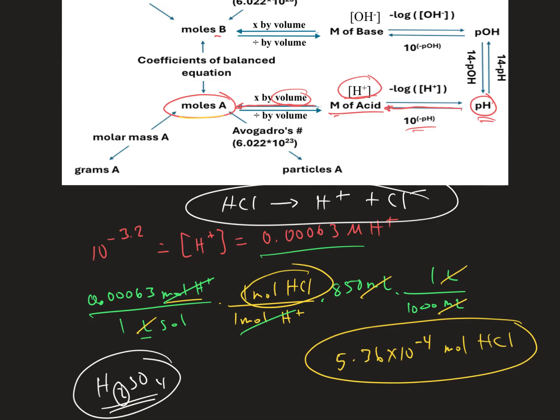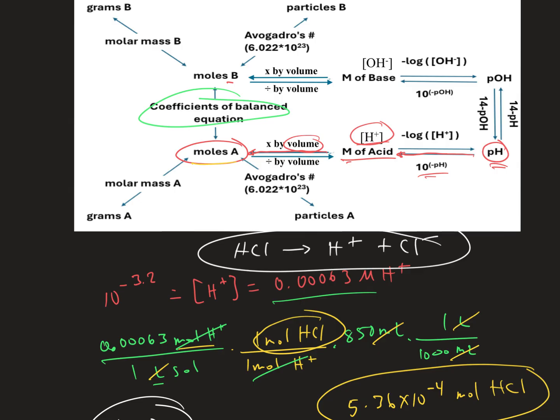How are we feeling? It's quite a bit of dimensional analysis, especially if we were going from, let's say we didn't have a balanced equation. Now, if we have a balanced equation, the easiest thing to do is just to use the mole-to-mole ratio, right?